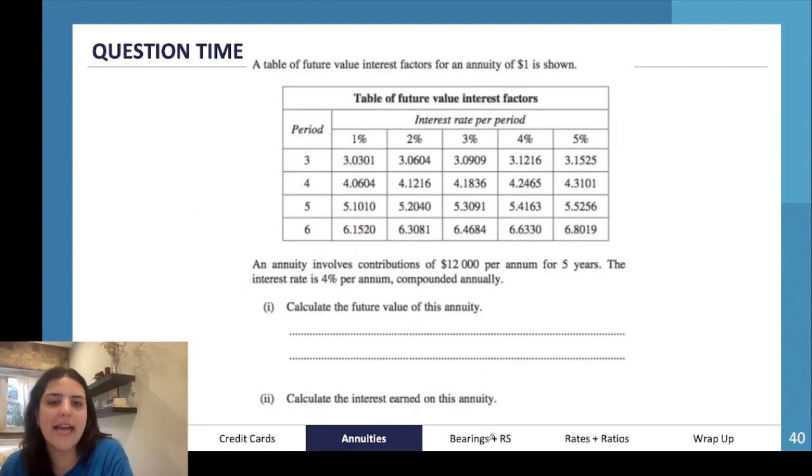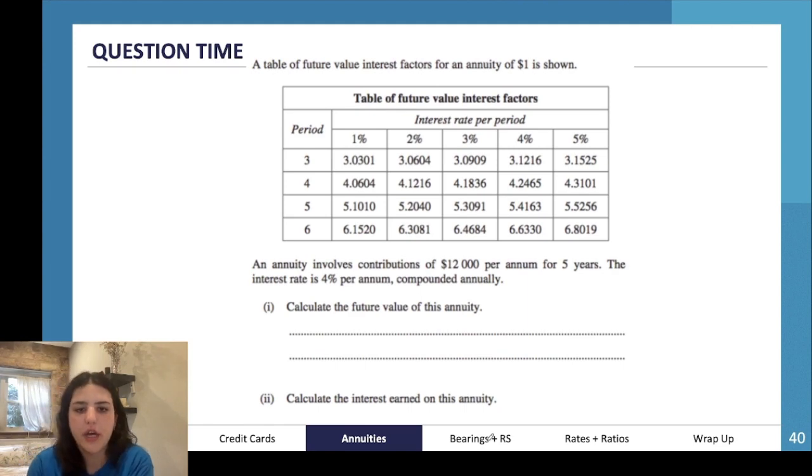Okay. A table of future value interest factors for an annuity of $1 is shown. An annuity involves contributions of $12,000 per annum, which is per year, for 5 years. The interest rate is 4% per annum compounded annually. Our first question is to calculate the future value of this annuity. Okay, so it's 5 years annually, and the interest rate is 4%. So our rate from our table is 5.4163.